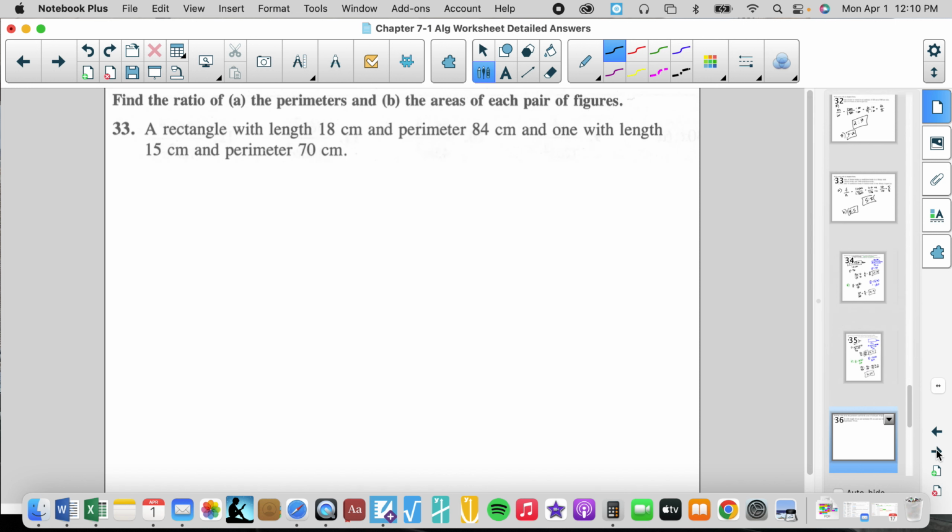A rectangle with a length of 18 and a perimeter of 84. Okay, now we got to do a little math. 18 and x, but the perimeter equals 84.